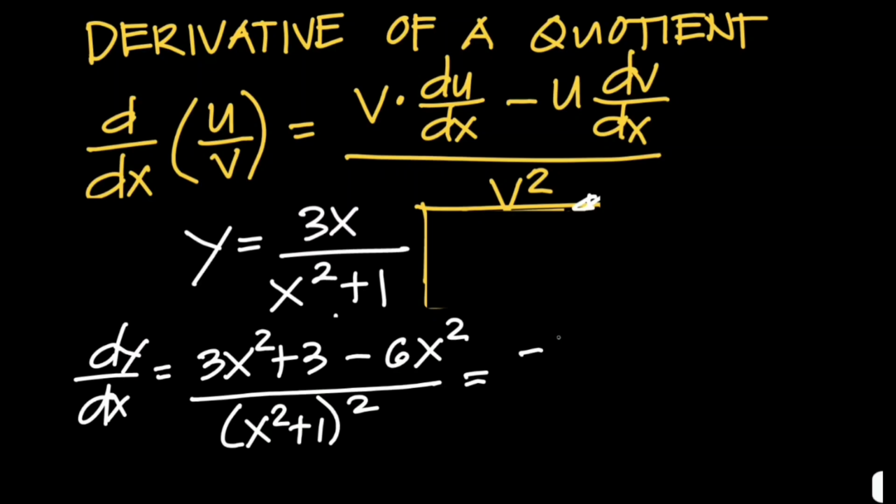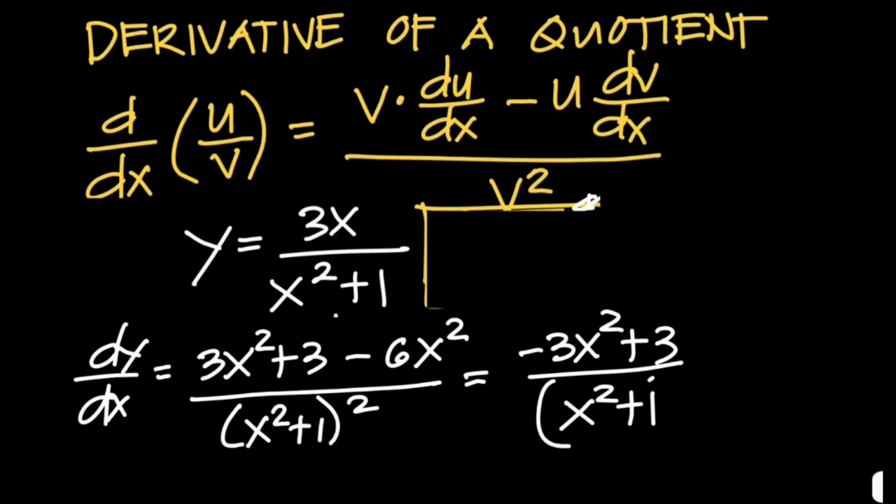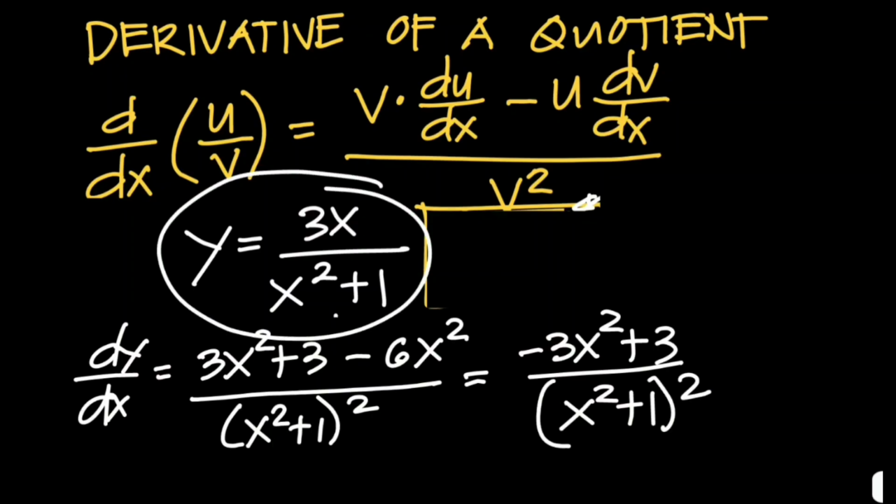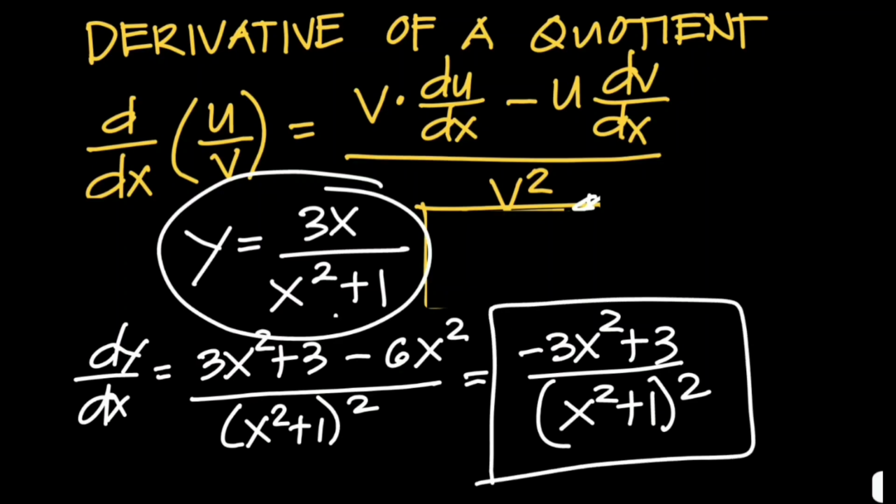This would be negative 3x squared plus 3 over x squared plus 1 squared. Therefore, the derivative of this function, 3x over x squared plus 1, is equal to negative 3x squared plus 3 over x squared plus 1 squared.